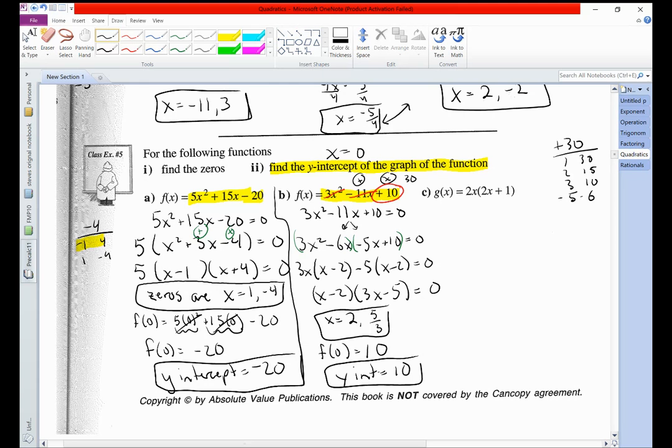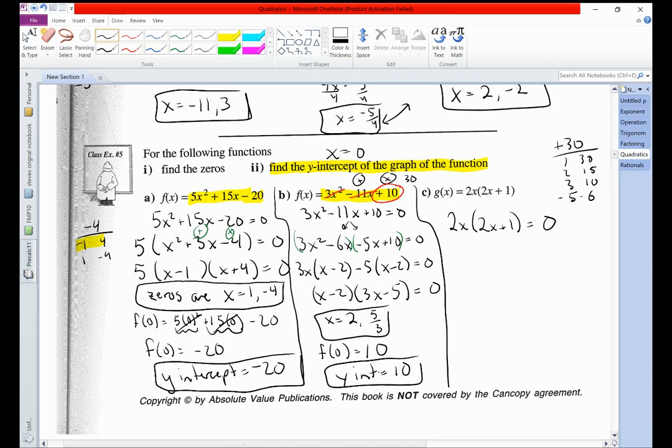Okay, I want to go over one more example here. Almost done. So we have g of x is equal to 2x multiplied by 2x plus 1. So what we want to do is set that equal to 0. And we don't really have to do any factoring here.